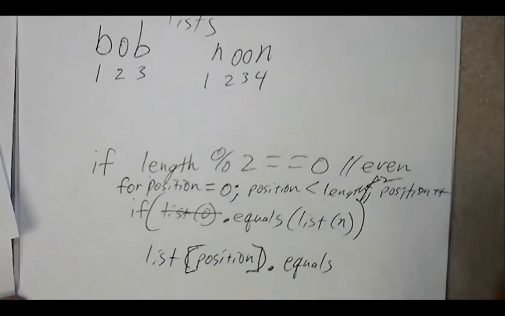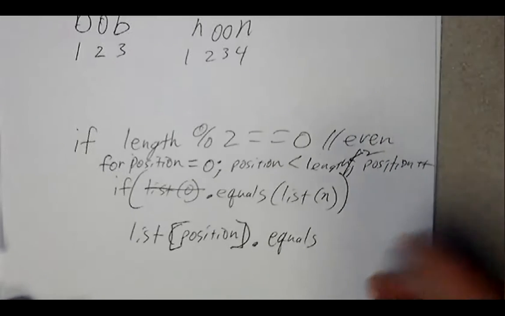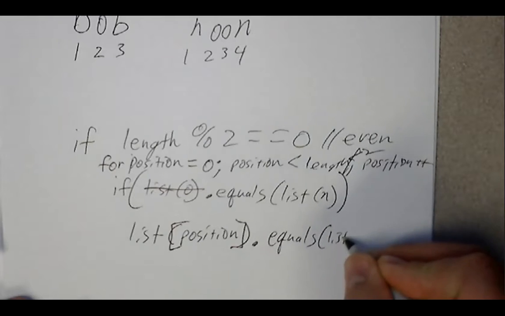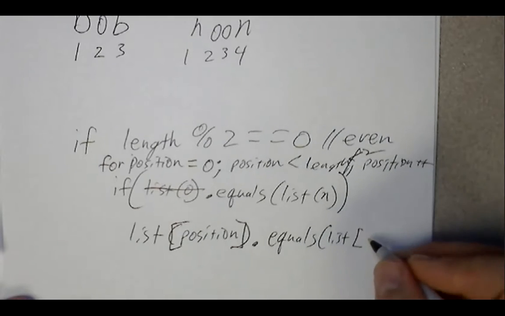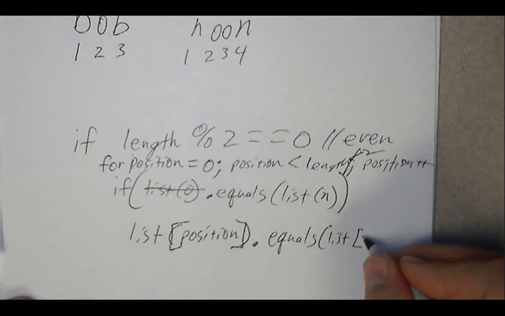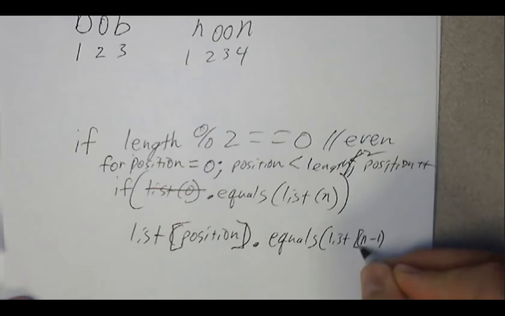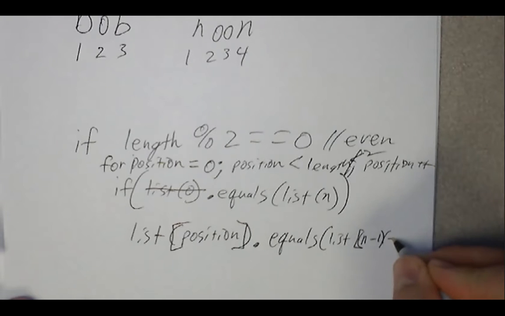I don't know. I mean, pseudocode syntax, right? And then we'll say list of n minus 1. I'll put that in parentheses. And then I'll take away from that position.